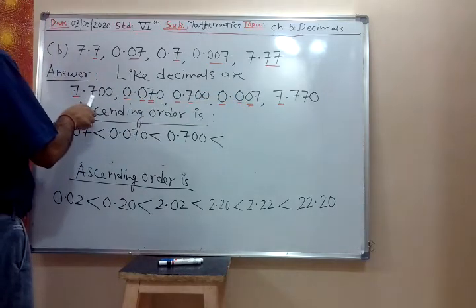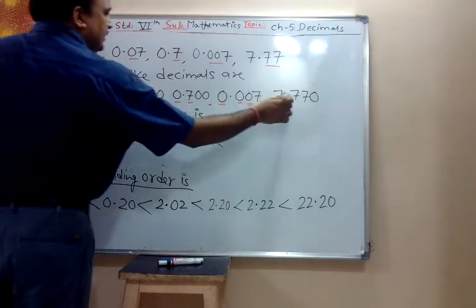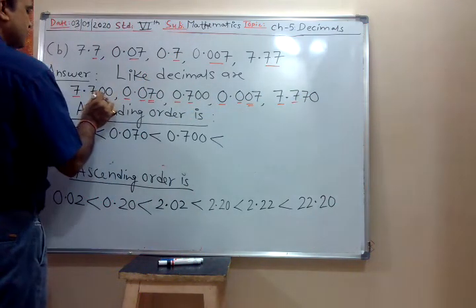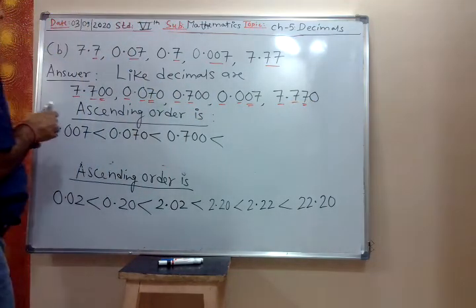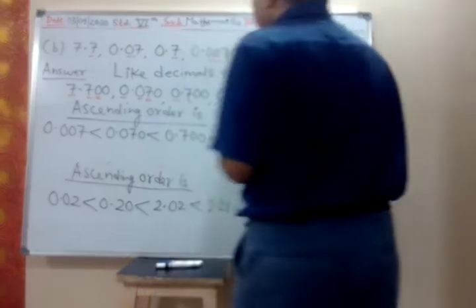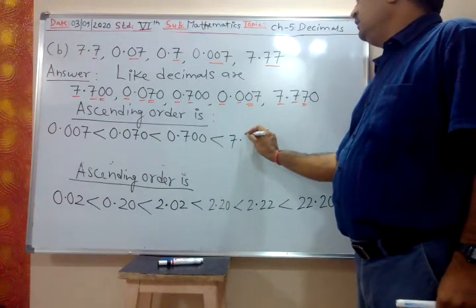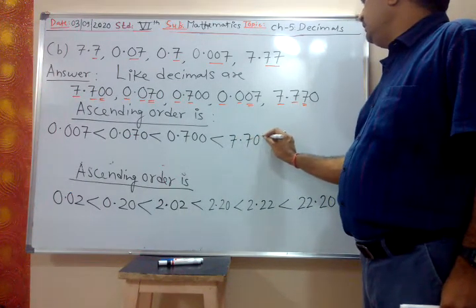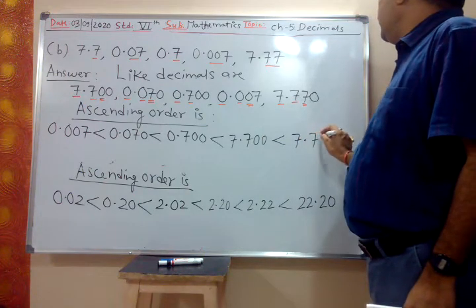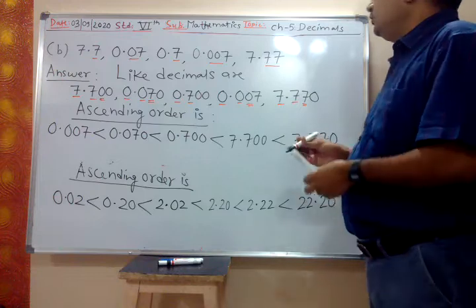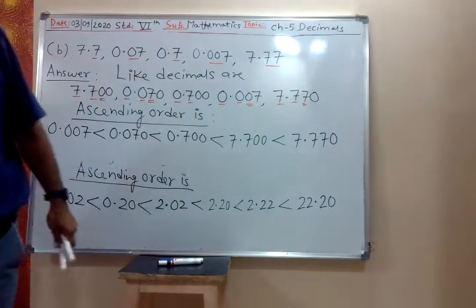Then after the point it is 7 and 7, also the same. Now the second digit is 0 and 7. So 7.700 is smaller. So 7.700 is less than 7.770.